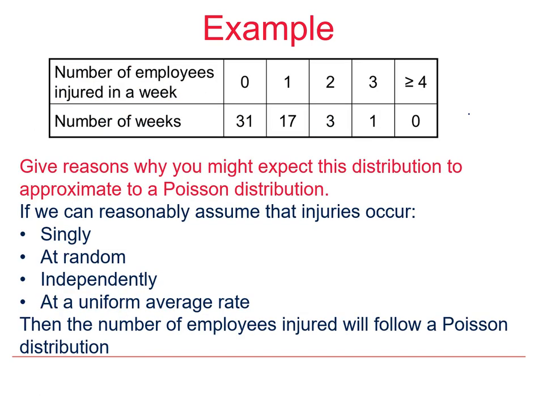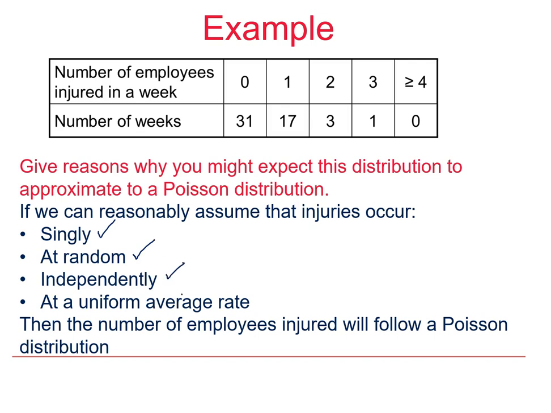If we go through those conditions, it seems okay to assume, without any evidence to the contrary, that injuries occur singly, so they can be counted one by one. They also probably can be assumed to occur at random during the week.